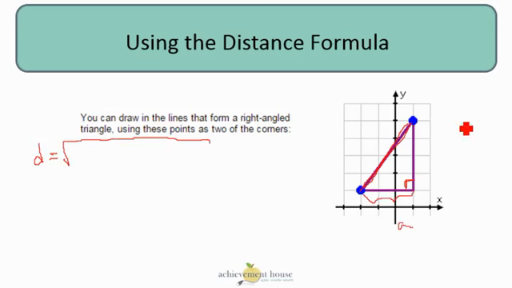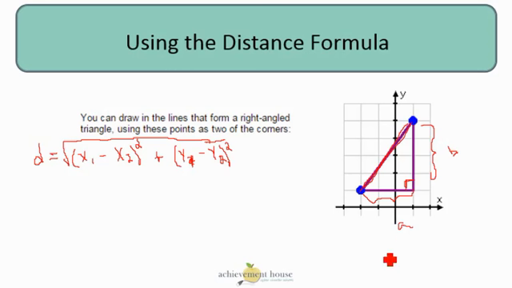Let's call that A, and let's call this B. And so we're going to have x1 minus x2 squared plus y2 minus y1 squared. And notice how, yes, we're squaring it, but then we are unsquaring, we're square rooting it.